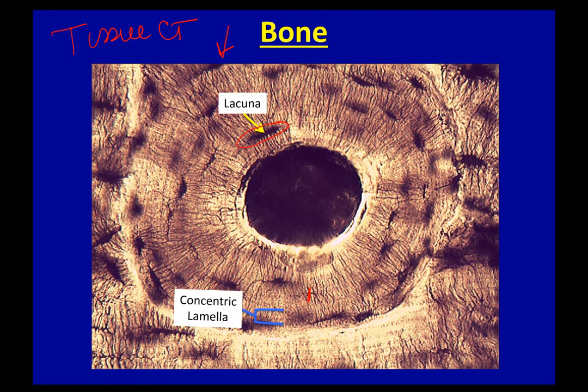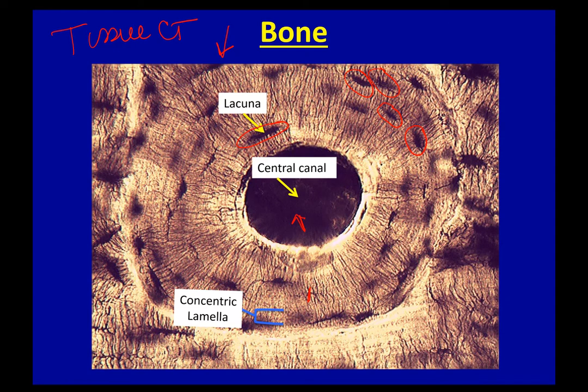If cartilage was so hard that the cells couldn't burrow through it, bone is even worse. So again, you've got these spaces where the cells are going to be put called lacuna, the cradles. And finally, dead center right here, you've got something called the central canal.